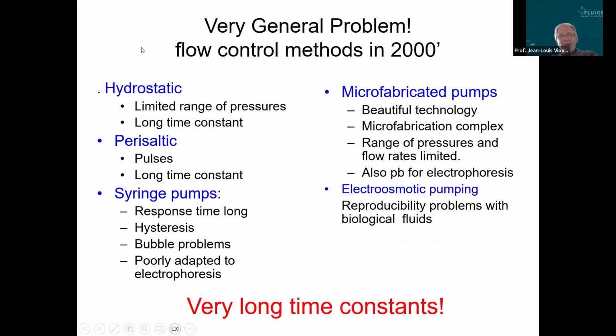the different technology for flow control we had at this time, I will go fast because it was already presented by Bruno.